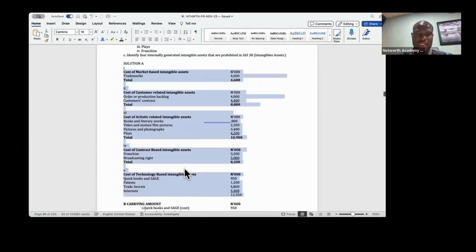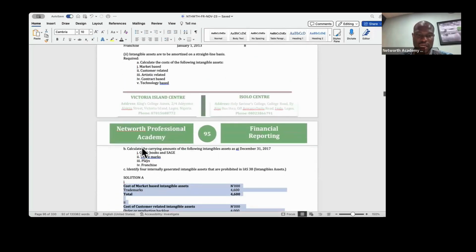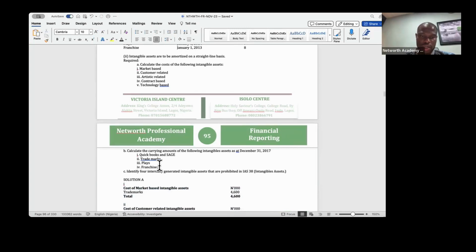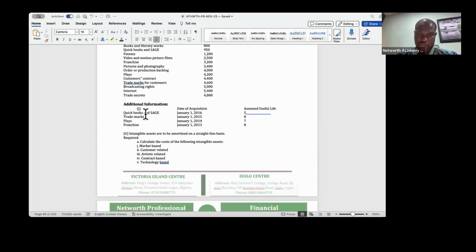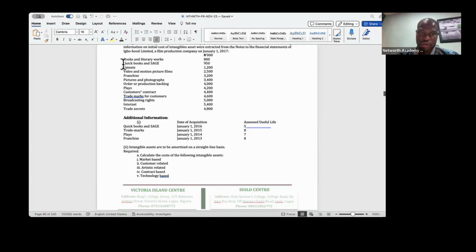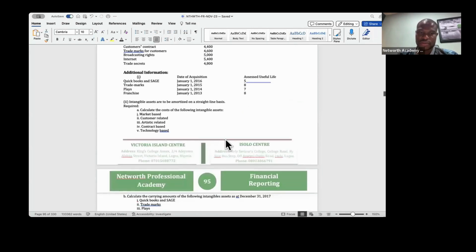Okay. Then they asked us to calculate the carrying amount of the following intangible assets: QuickBooks, trademark, plays, and franchise. Okay, straightforward. When they say carrying amount, it is simply cost minus, in this case, accumulated amortization. That's carrying amount. For QuickBooks, for example, I will just look at the cost of the QuickBooks: 950,000.